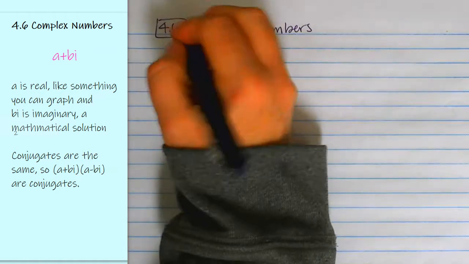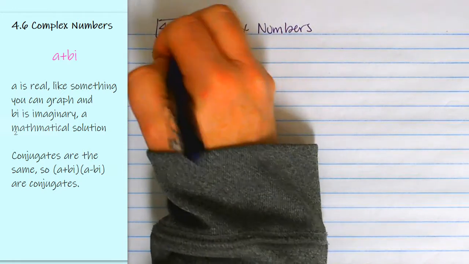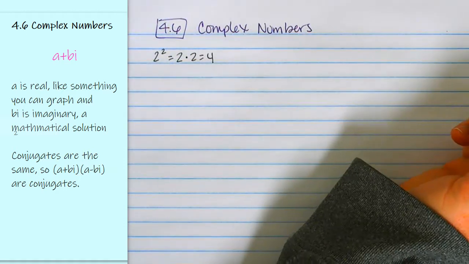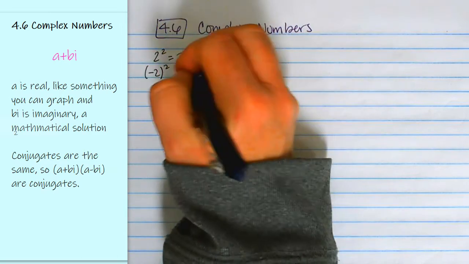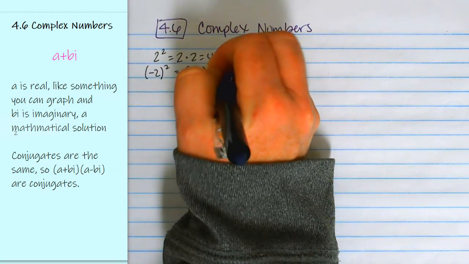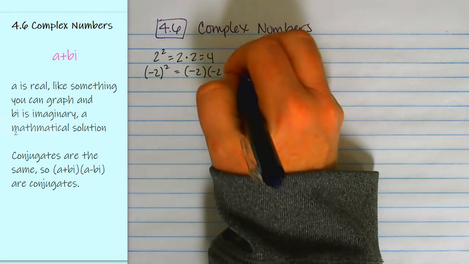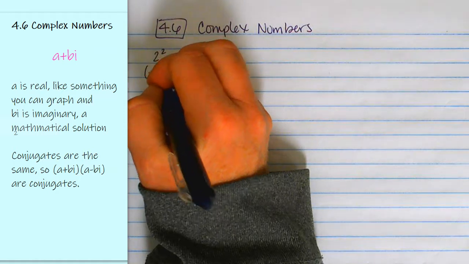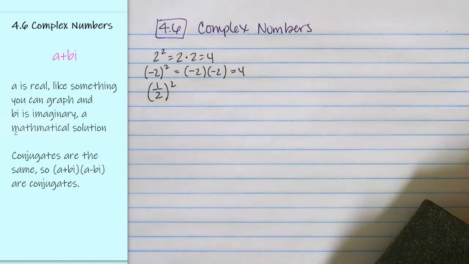If you took any number and squared it, so 2 squared equals 2 times 2, that's 4. If you took some other number, like negative 2, and squared it, you'd have negative 2 times negative 2. It has to be the same number when you square it, and you'd also get 4. If you took anything else, say you had 1/2 squared, lots of things with 2 here.